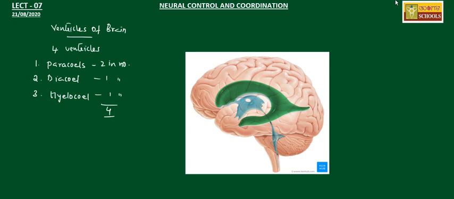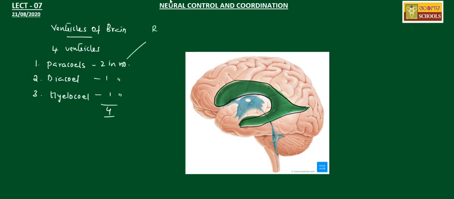These paracoels are present in the cerebral hemispheres. Here you can see in this picture, these are the paracoels. They are present in the left and right cerebral hemispheres, and you are able to see only one side; there is one more on the other side.